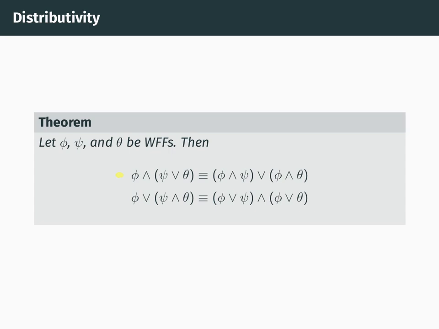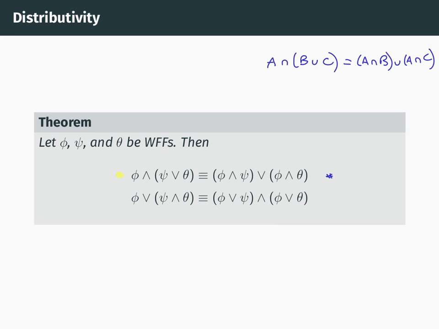So for example, we saw that if you have any three sets A, B and C, then A intersect (B union C) was equal to (A intersect B) union (A intersect C). So if you swap unions for ors and intersections for ands, then what you get is precisely this logical equivalence that we've got at the start there.